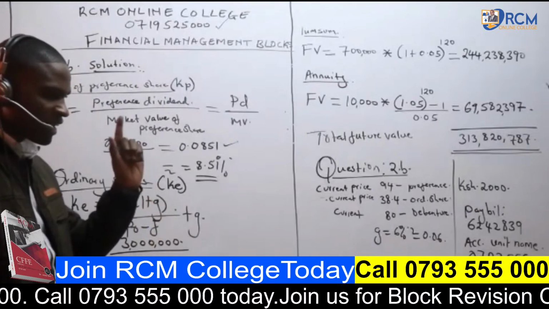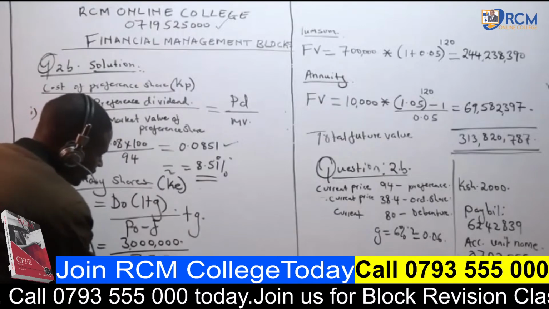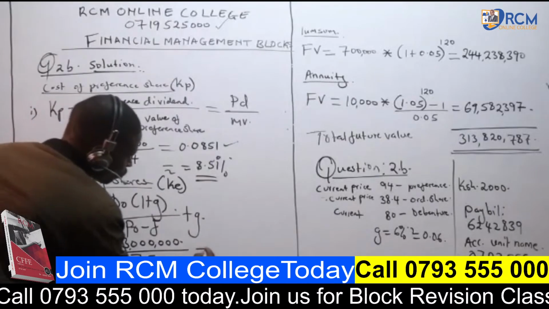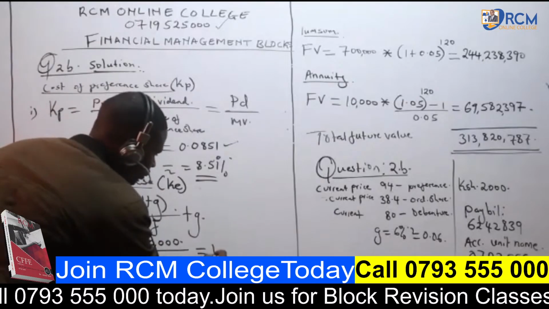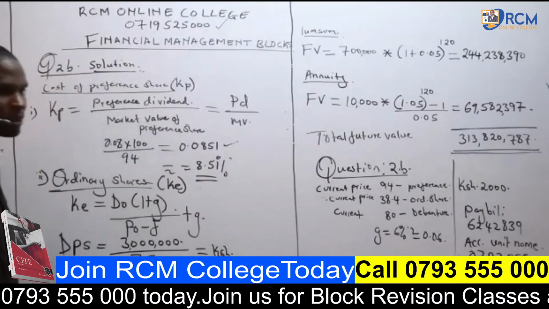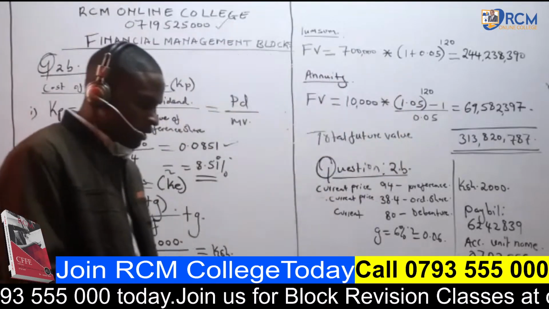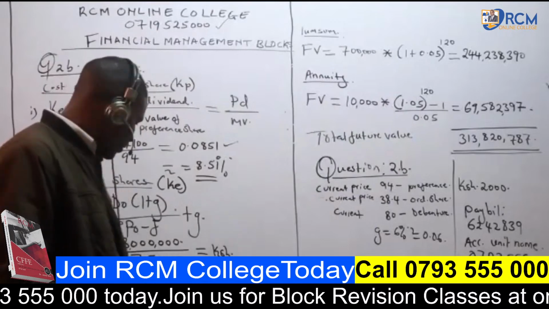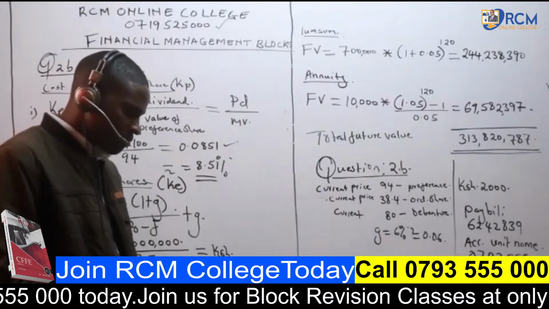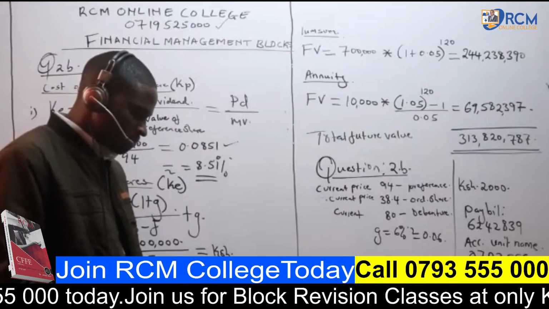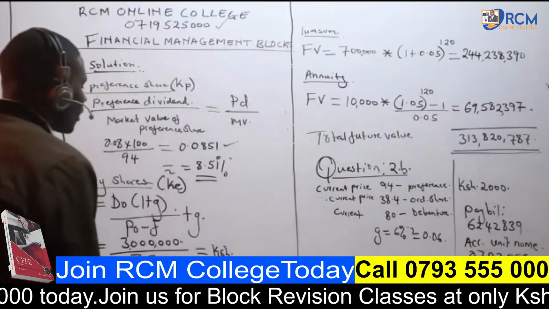We had 750. And to get our D0, we do that. So tell me, what is our D0? If you have a calculator, you can use it to get your D0. It's 3 million divided by 750. Are you getting 4? Yes, I'm getting 4 shillings.